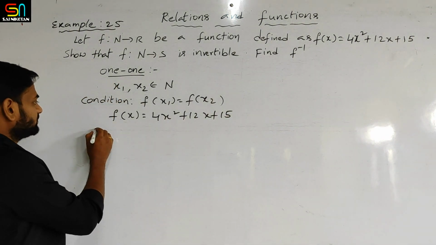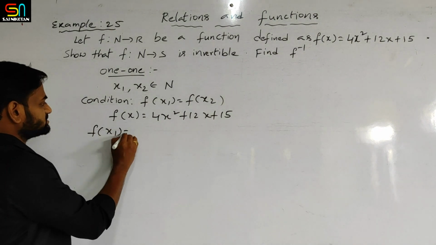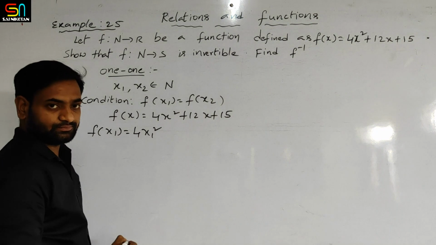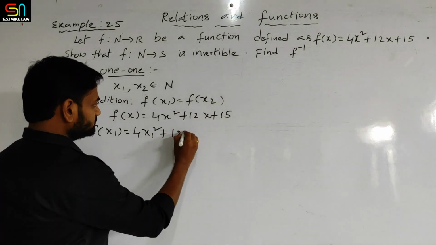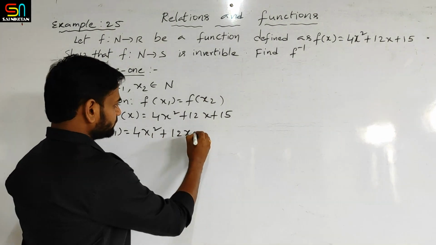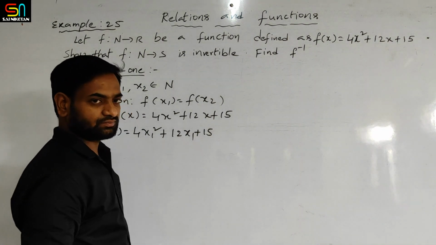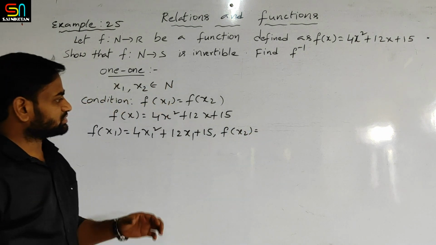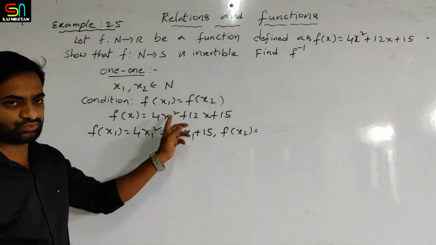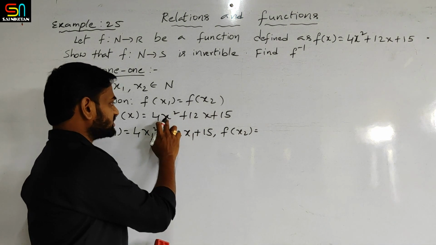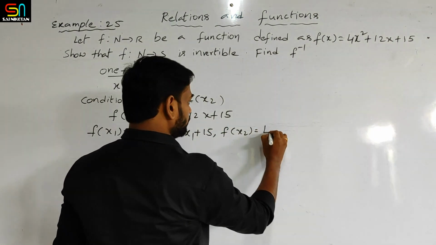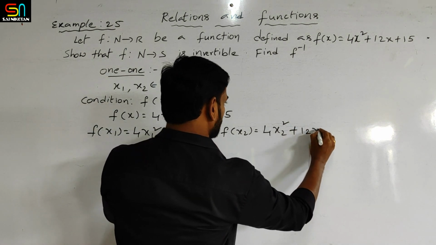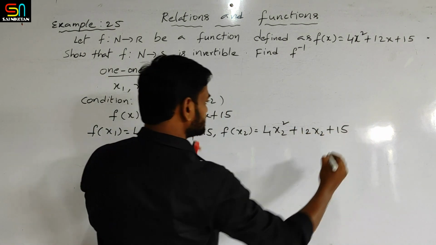Now here, f of x1 is 4x1 square plus 12x1 plus 15. Next, what is f of x2? Just in place of x, we have to write x2. That is 4 x2 square plus 12 x2 plus 15.